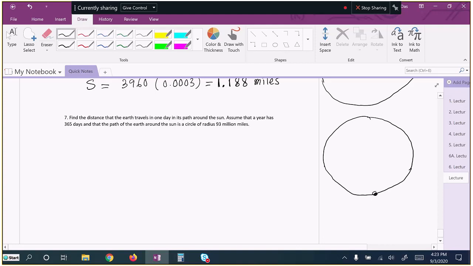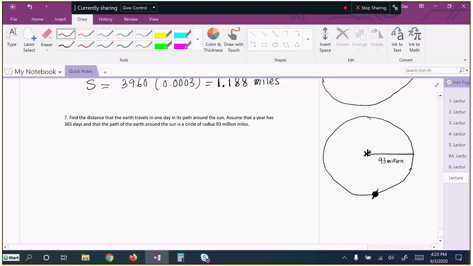So you have Earth here. So this is my Earth. And Sun is here. So the radius is given by 93 million miles.